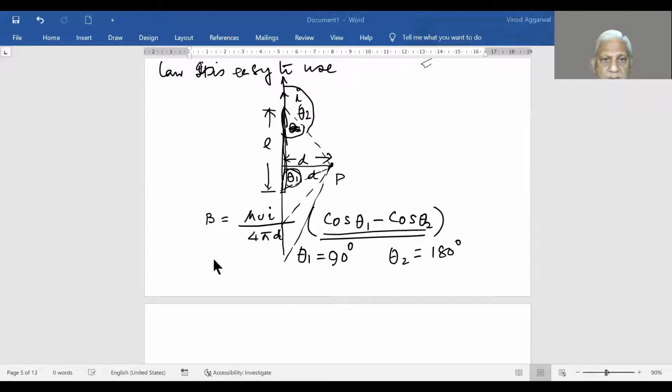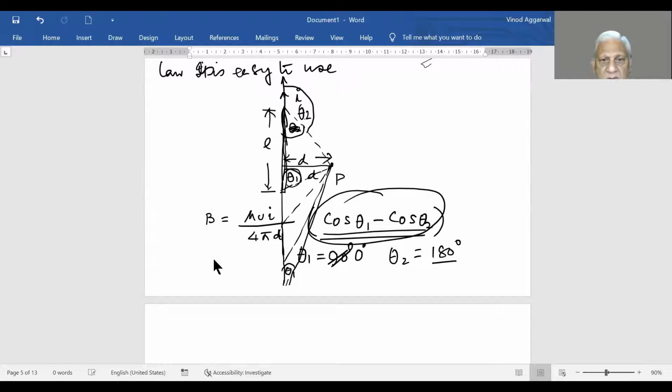Small correction: when the length keeps increasing, this theta 1 keeps decreasing and will go to 0 degrees if it is of infinite length. And theta 2 will almost become 180 degrees.